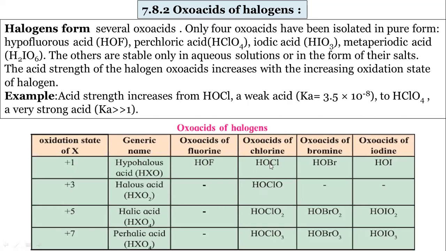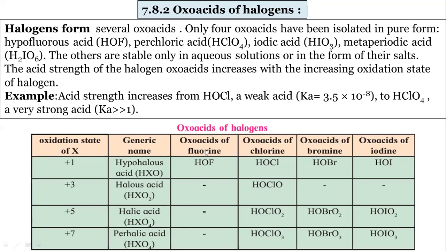This is hypochlorous. See, hypohalous means here it is hypochlorous. This is chlorous, this is chloric, and this is perchloric acid. The oxidation state is +1, +3, +5, and +7. So only the oxoacids of chlorine are stable.